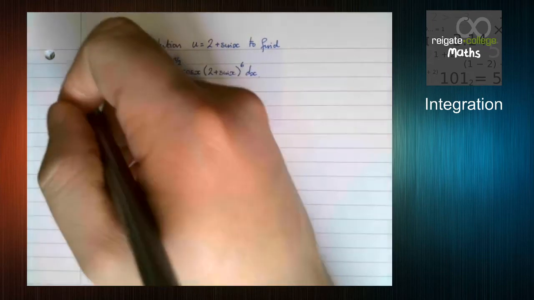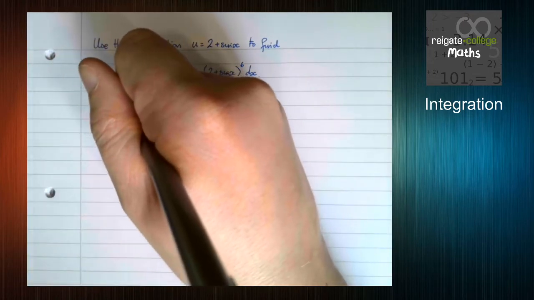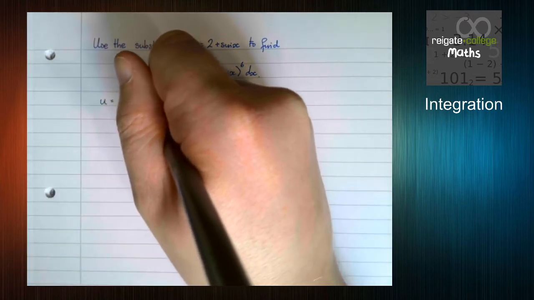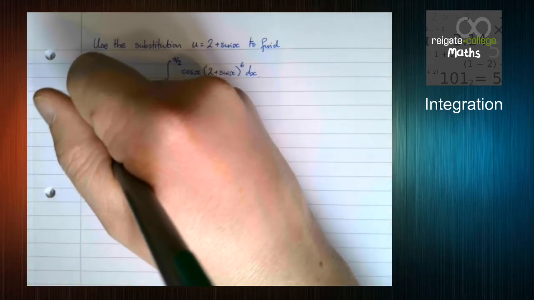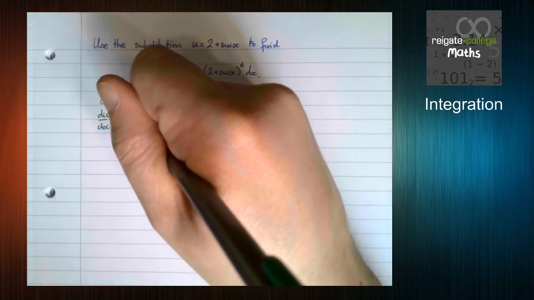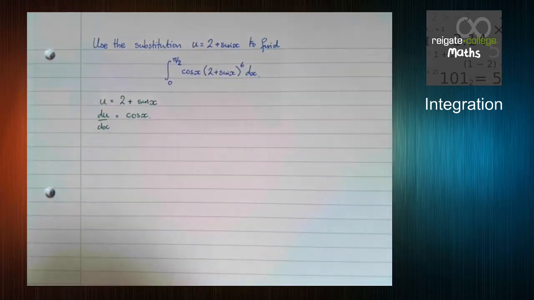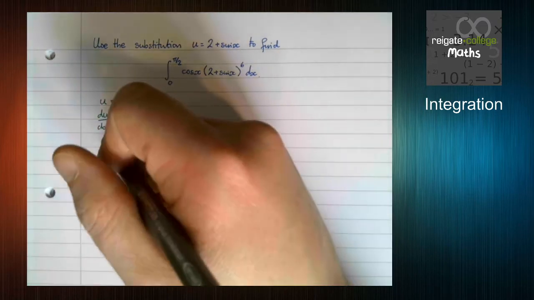So we have our u function, and as usual, we're going to differentiate it. Sin x differentiates to cos x. Step 2, rearrange this to make dx the subject.